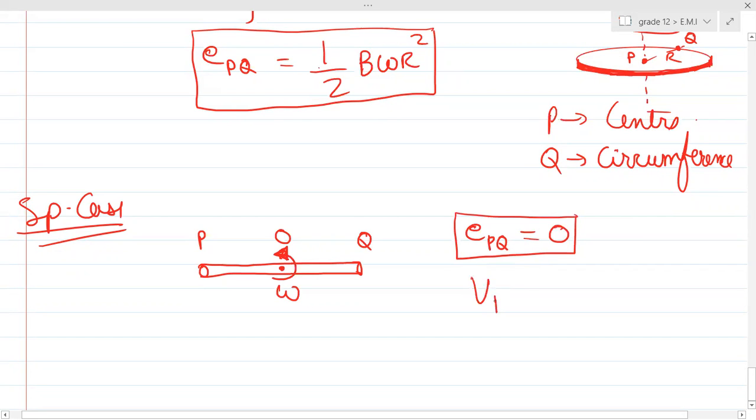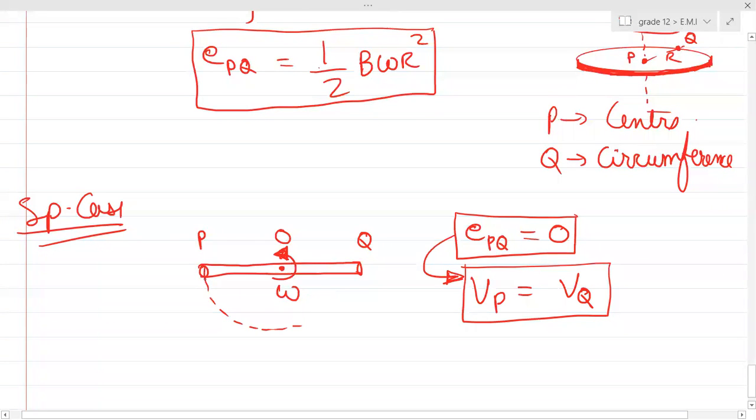Why? Because the potential of point P and the potential of point Q will be equal to each other. Is this clear? Why, sir? Why will the potential be equal? Just consider this as two different rods, right?